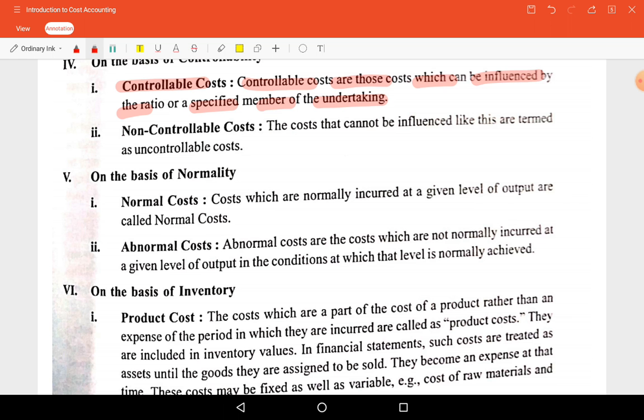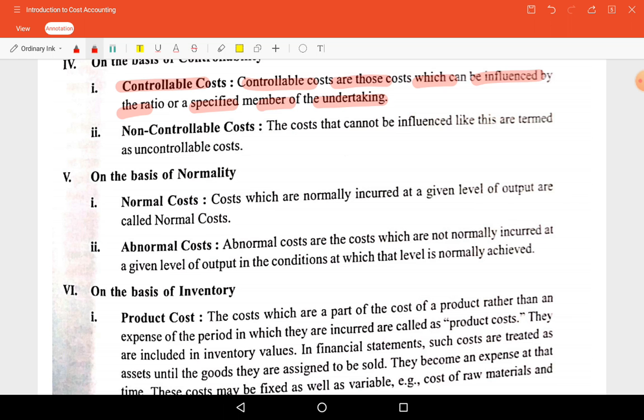Cost which cannot be controlled by the management or the person in charge, which cannot be influenced, is uncontrollable cost.